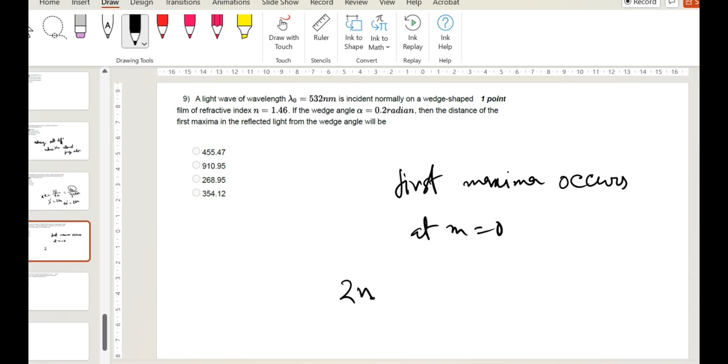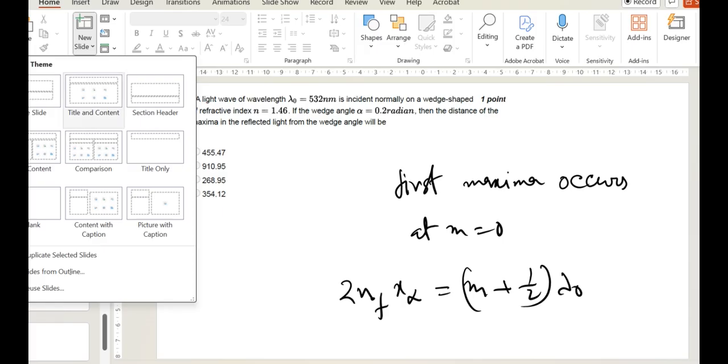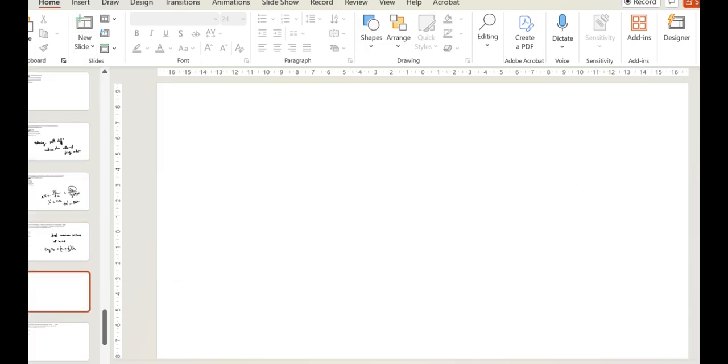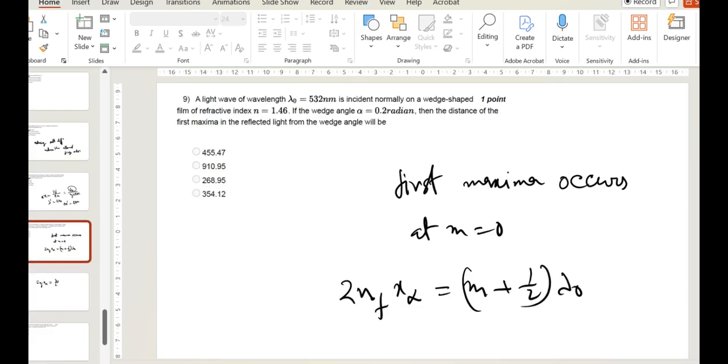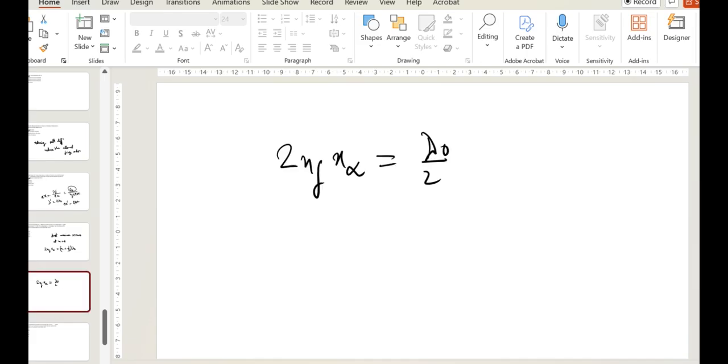So that is 2 n_f x alpha is equal to m plus half lambda naught. So that becomes 2 n alpha x, half of lambda naught. So lambda naught is given, alpha is given, n is given. So x is basically lambda naught by 4 n_f alpha.